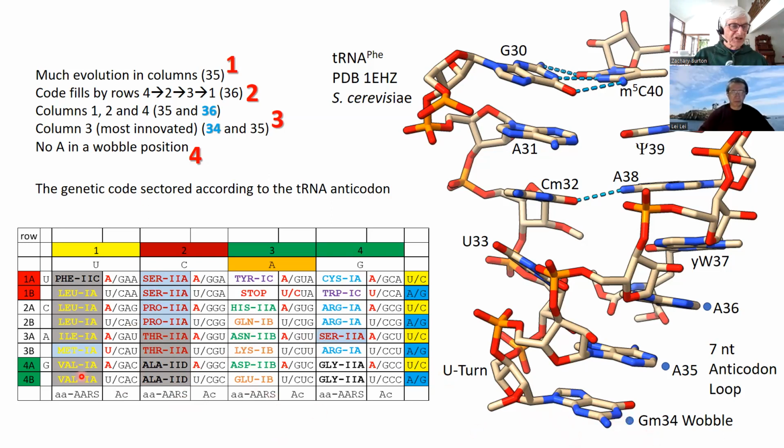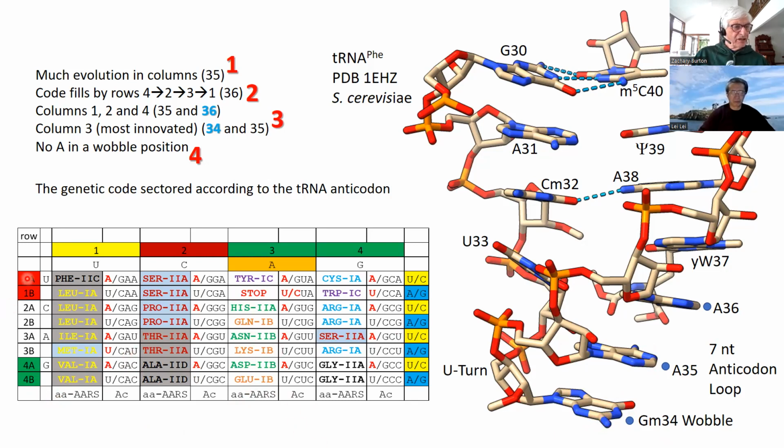The wobble position relates to the A and B rows. So here you're getting sectoring along A and B rows, so you're getting sectoring according to the middle base and the wobble base.